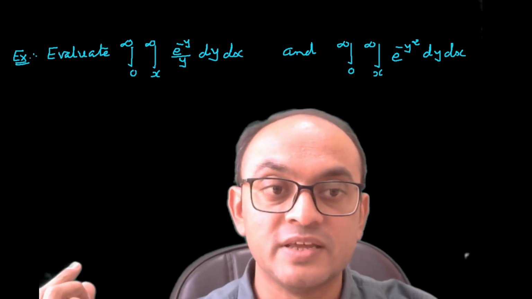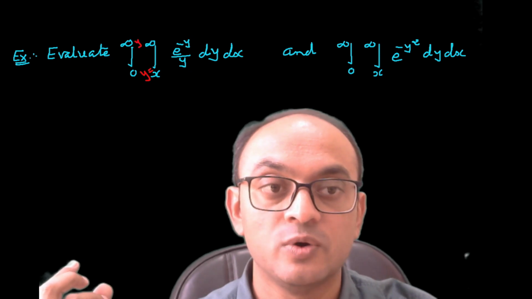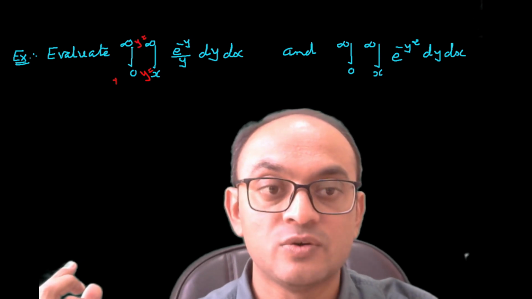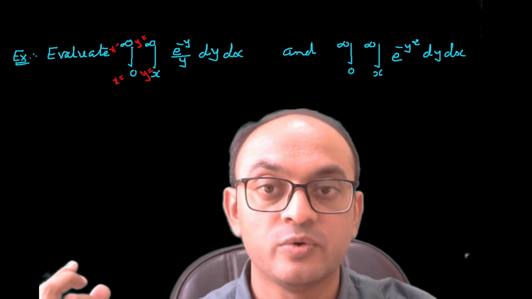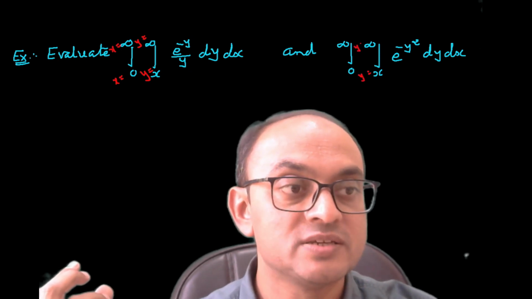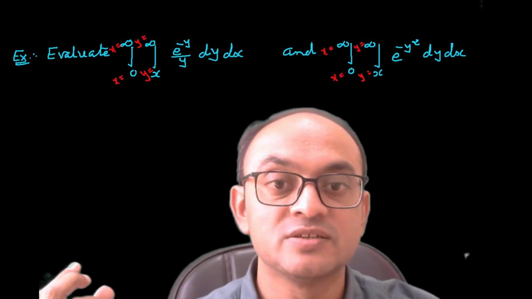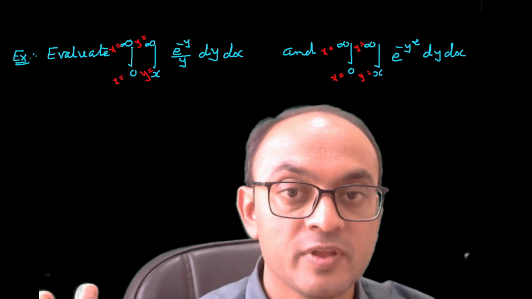So if you observe this thing, then y is equal to x, to y is equal to infinity, x is equal to 0, to x is equal to infinity. And the same thing is here, y is equal to x, to y is equal to infinity, x is equal to 0, to x is equal to infinity, right?